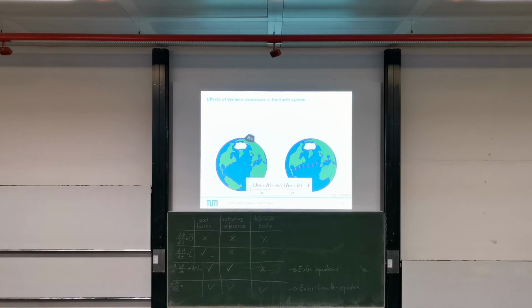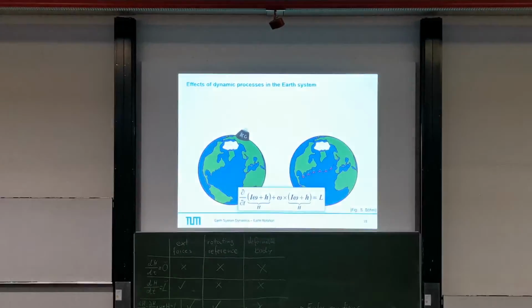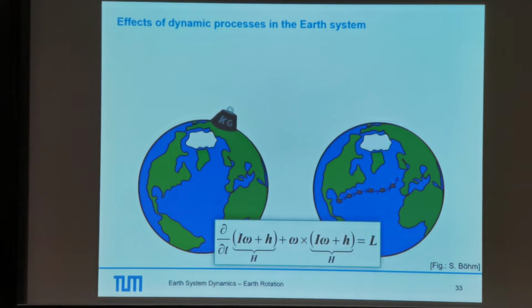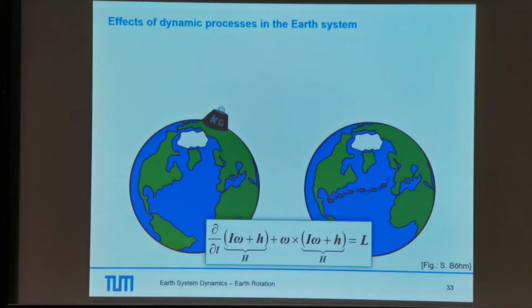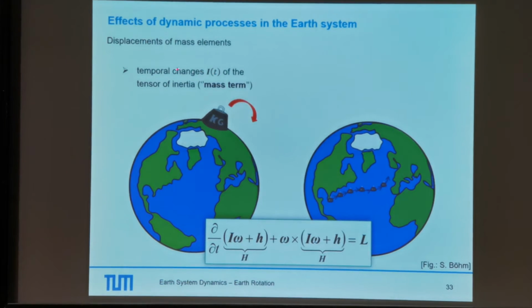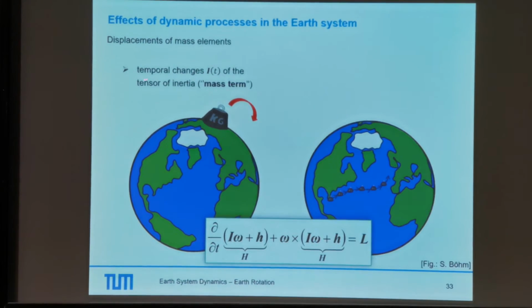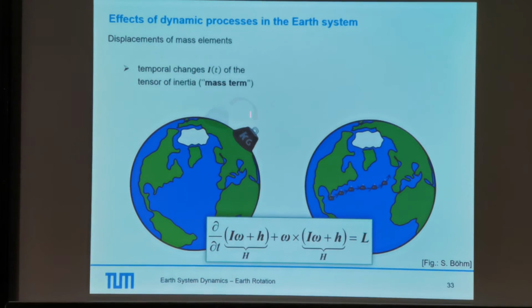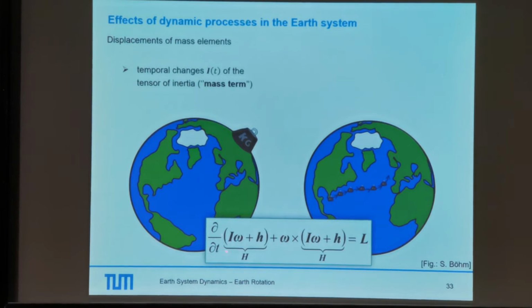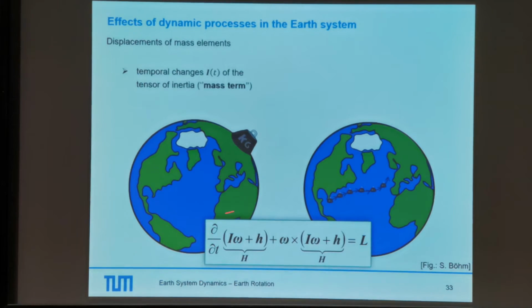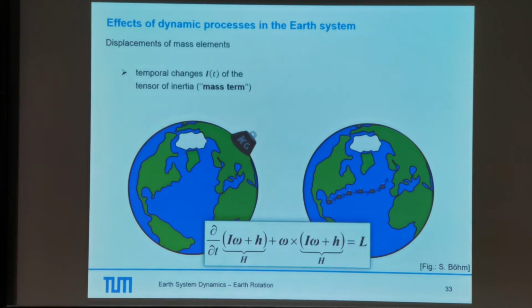If we now look a little bit closer and study how this equation varies, we can distinguish between the two different processes I introduced before. If we have displacement of masses, which means a temporal change in the tensor of inertia, this happens, for example, if a mass is redistributed or relocated within the Earth system. And this is then affecting this capital I here, which affects the whole equation.